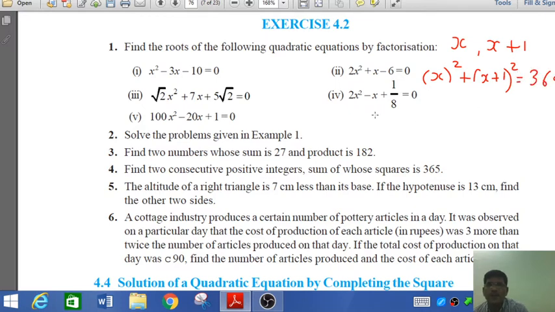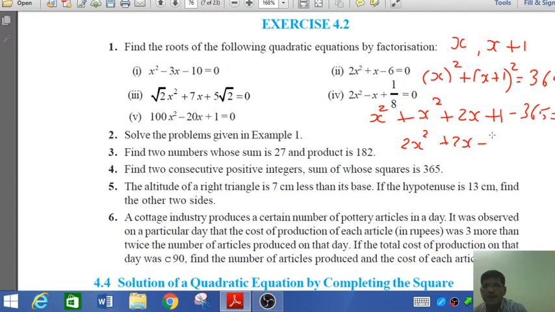Now if I open it, x square plus x square plus 2x plus 1 minus 365 is equal to 0. So 2x square plus 2x minus 364 is equal to 0. If we make common, x square plus x minus 182.